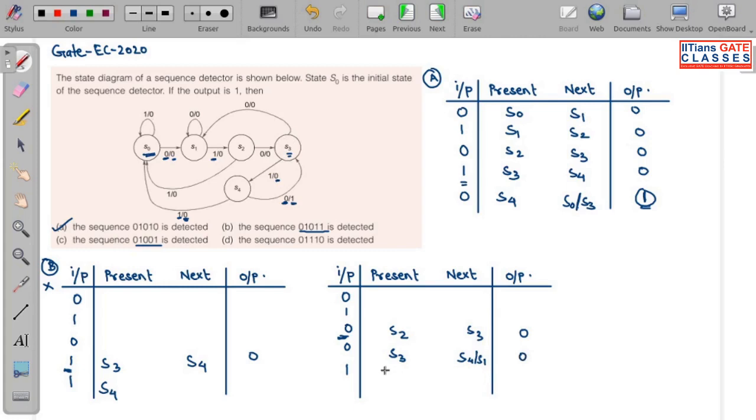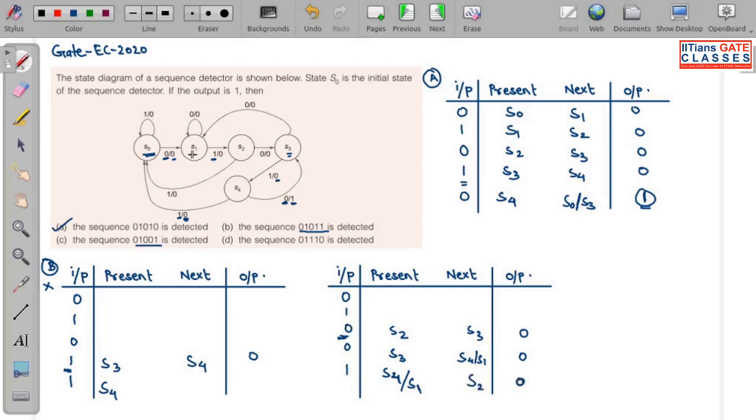Now, if it is S4 and I apply 1, we have already seen there is no such state for the application of 1. And if we go to S1 and have input as 1, then we move on to S2 with output as 0.